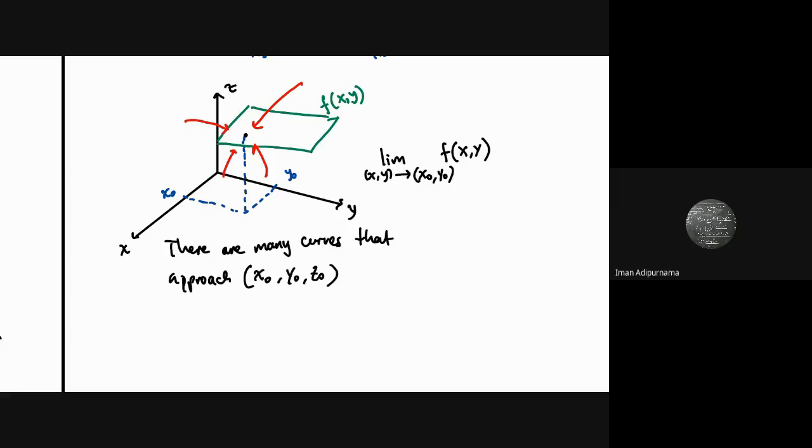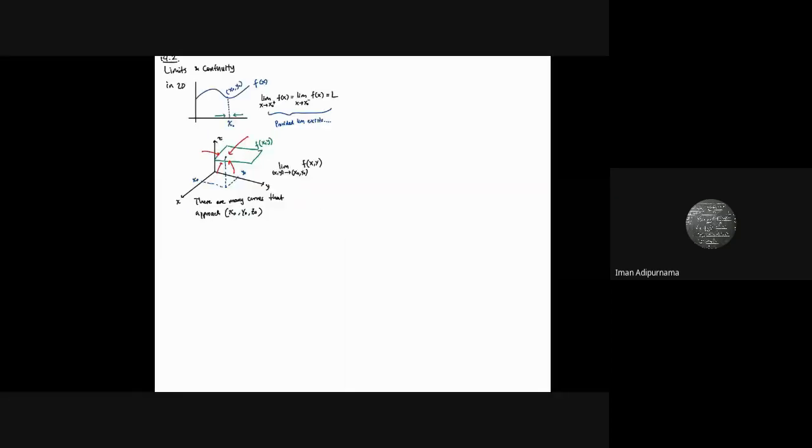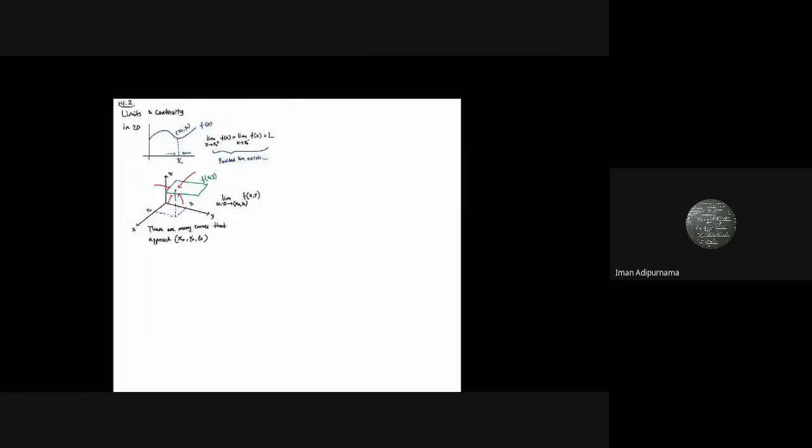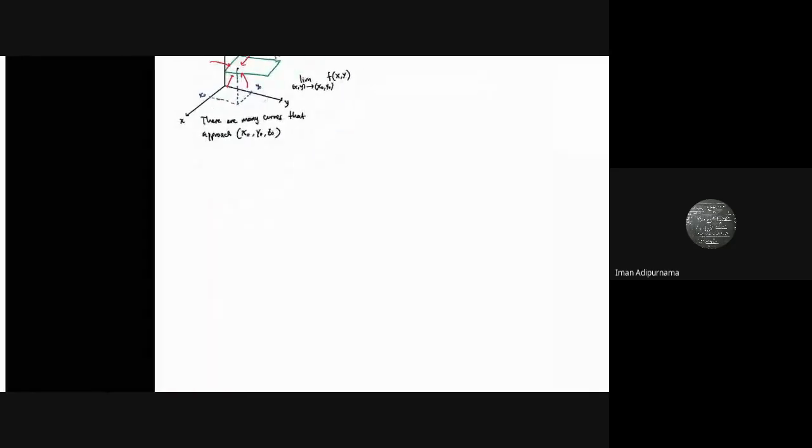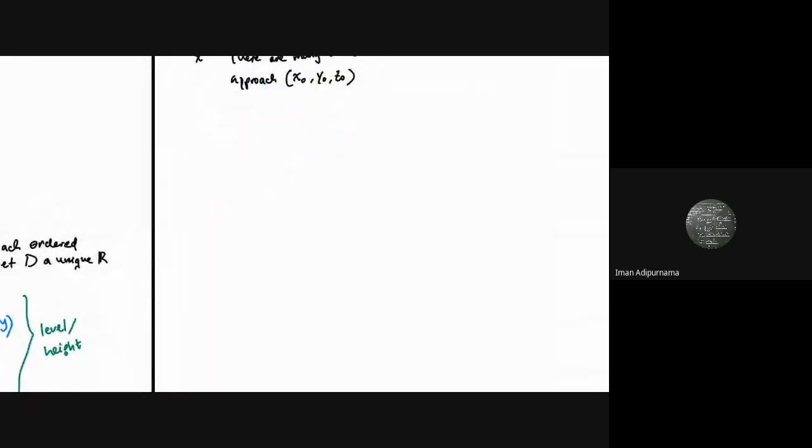Now, let's look at an example on how we are going to observe this. Let's say we have a function of x and y. Let's say this is our function.